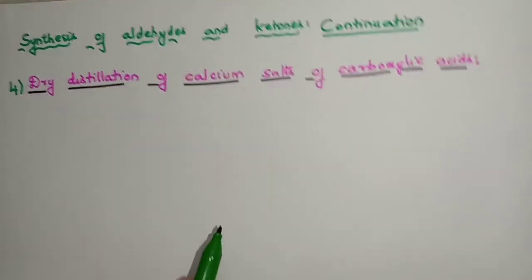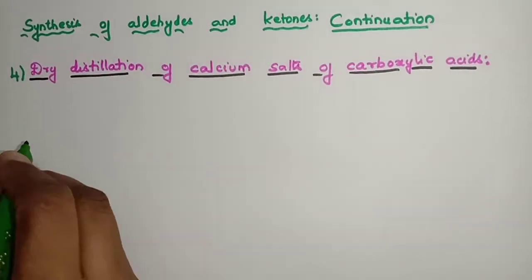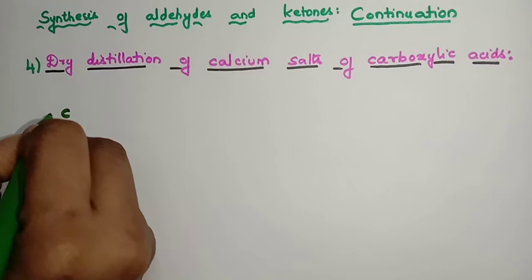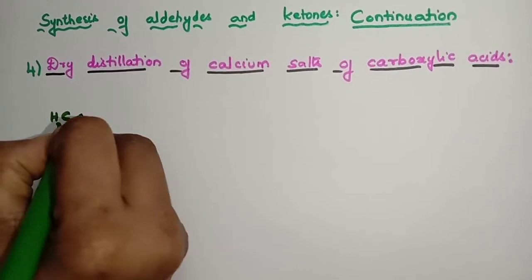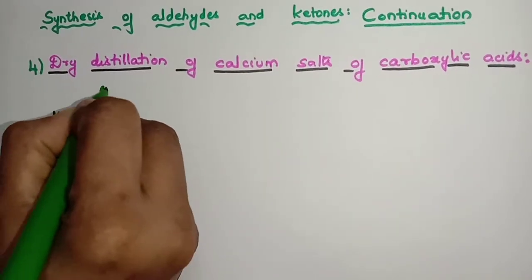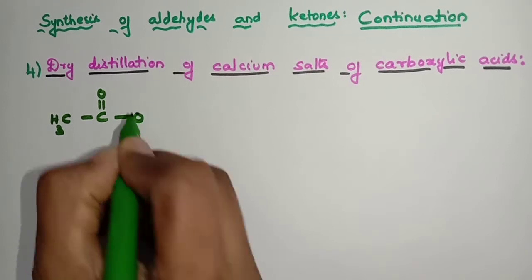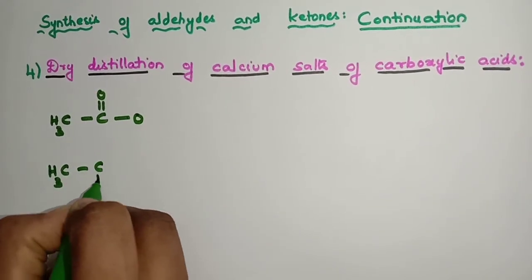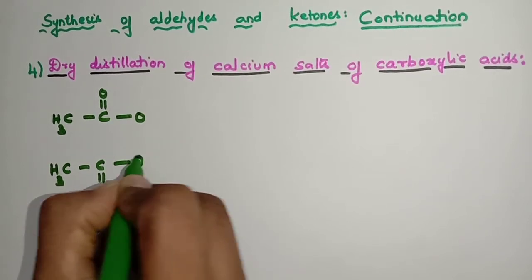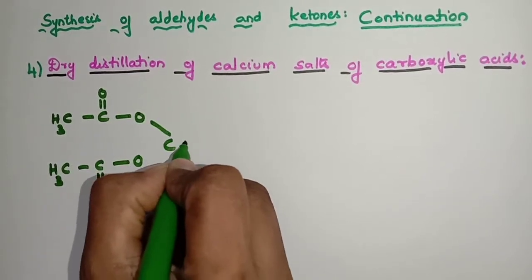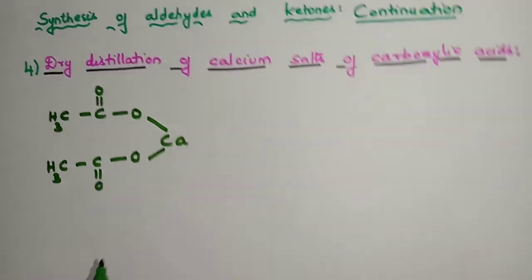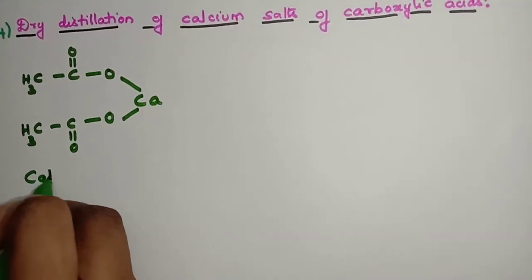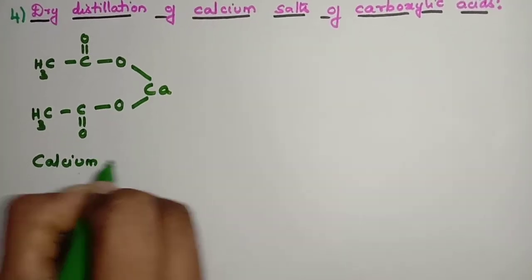Okay, so let me show you the reaction. CH3 C double bond O, O, CH3 C double bond O, O, Ca. So this is called calcium acetate.